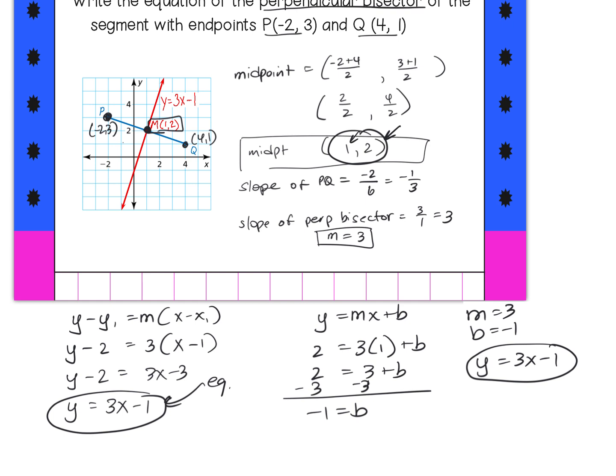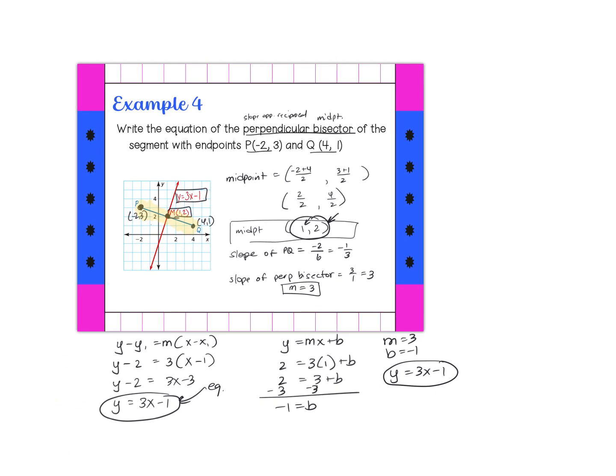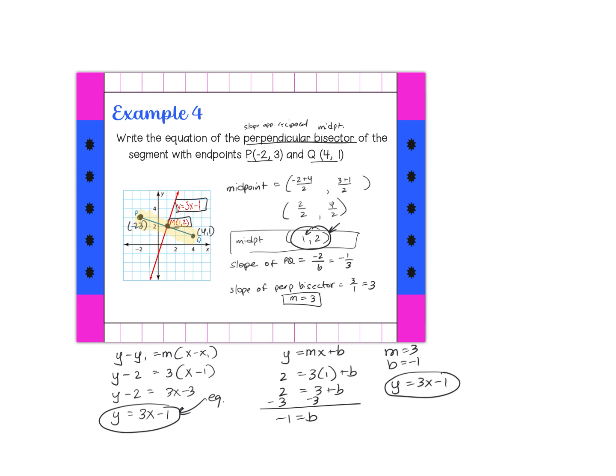So even though in my picture we have this red line and we have the equation and all that, I think yours is probably blank. What you would be given is just the original segment, and you would have to find everything about that red line. So again, you're going to start by finding the midpoint of your segment. And then once you find the midpoint, you're going to find the slope of your segment.